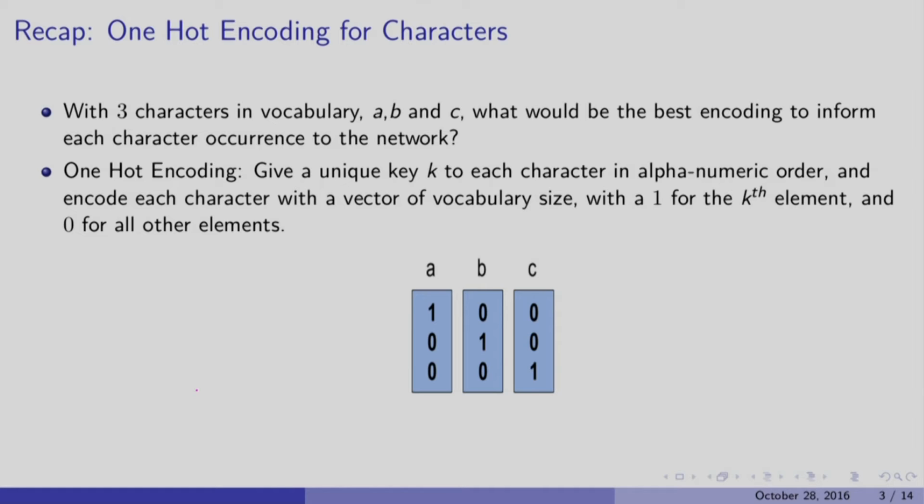Now what happens if you have words instead of characters? A could be loved, B could be mind-boggling, C could just be seen.